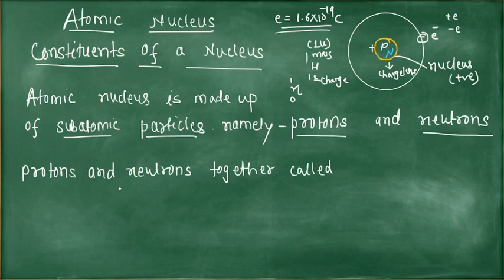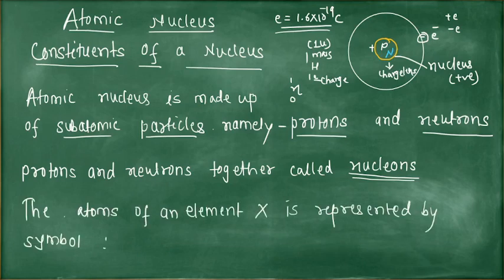Now protons and neutrons together, combinedly, we can say these are nucleons. Nucleons means protons plus neutrons together. The atom of an element X, which is a general element, any type of element, is represented by a symbol.